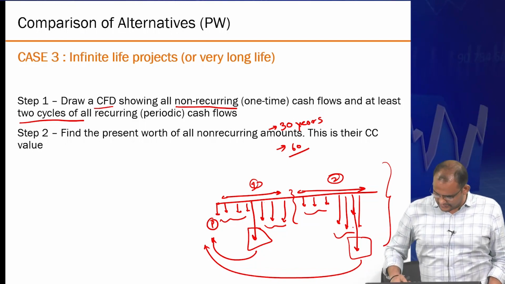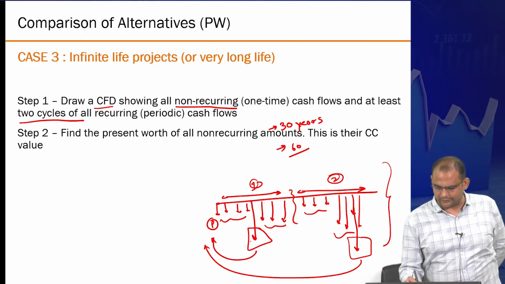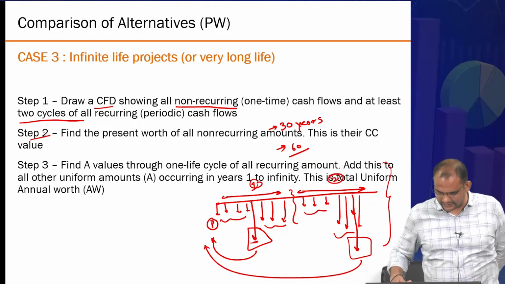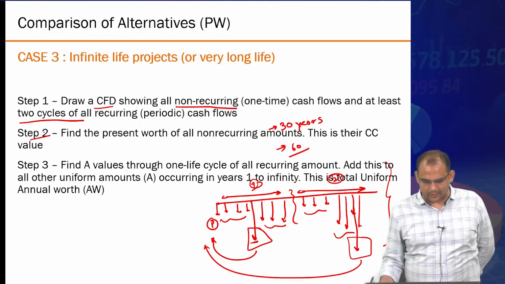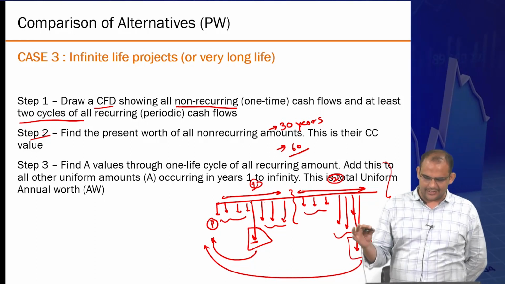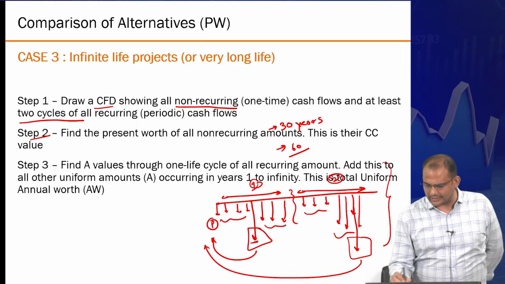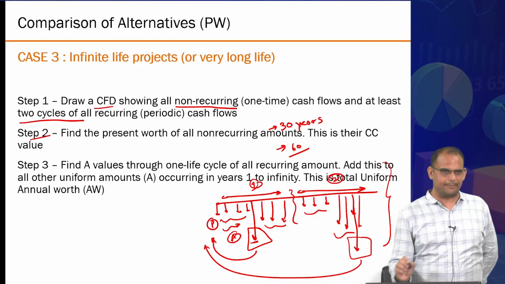So the idea is first you have to find the present worth of the non-recurring amounts. That is step 2. Then you find A values through one life cycle of all recurring amounts. Add this to all uniform amounts occurring in year 1 to infinity. This is a total annual worth factor, which is essentially all the recurring items. You convert them to an effective A value. That's what this step is asking.